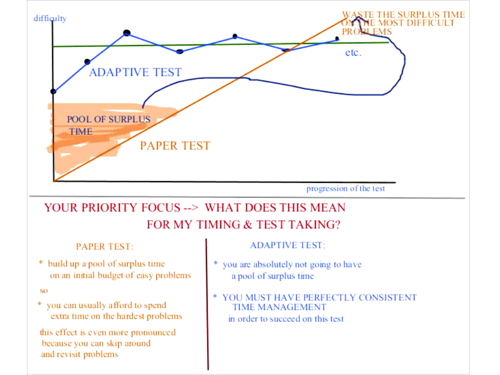Here you can afford to spend extra time on the hardest problems. Here you absolutely cannot. After a certain amount of time over the average, you must consistently give up and move on to the next problem.